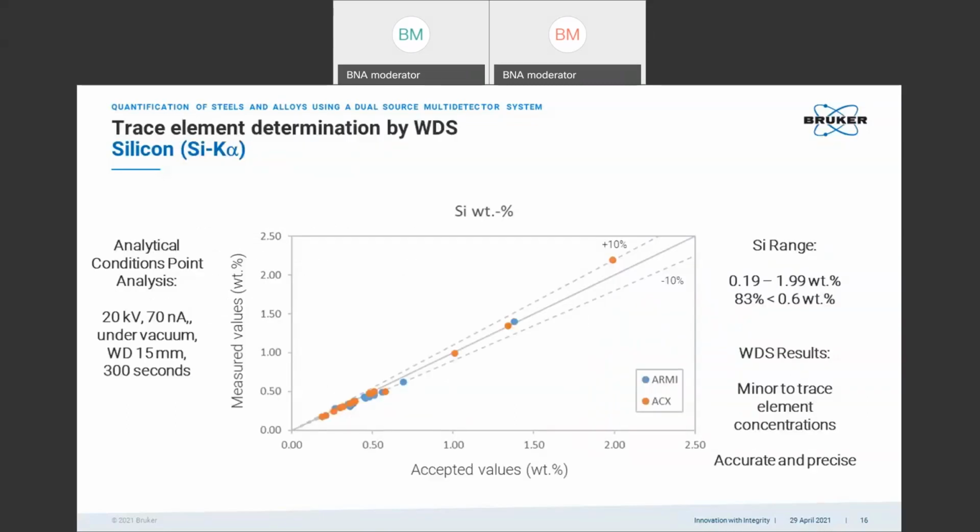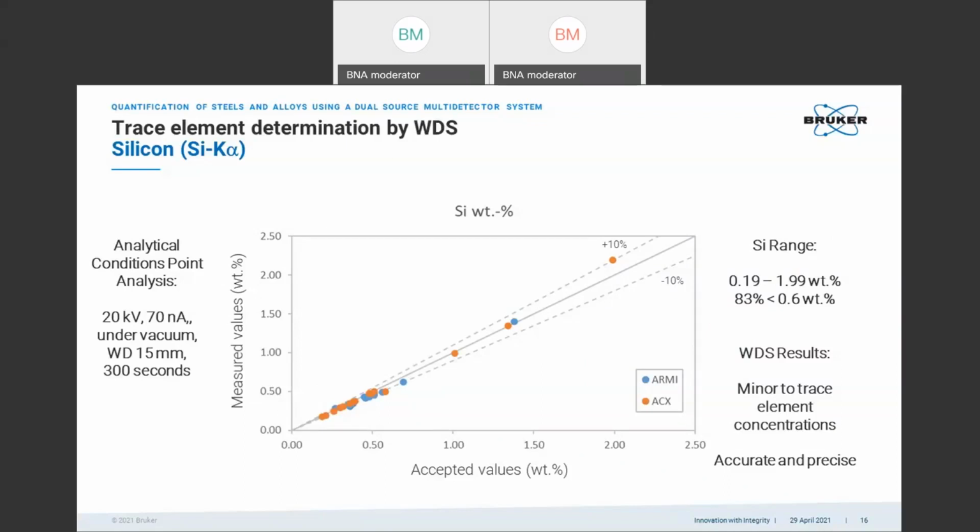So let's have a look at some of the data. Here is the analysis for silicon, one of the trace elements; in fact the composition in steel ranges from traces up to minor elements. So we have a range of 0.2% up to 2% in the 30 steels that we measured here.